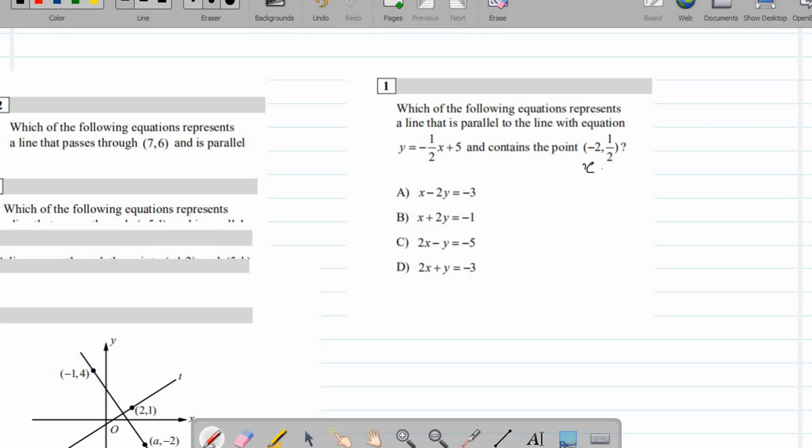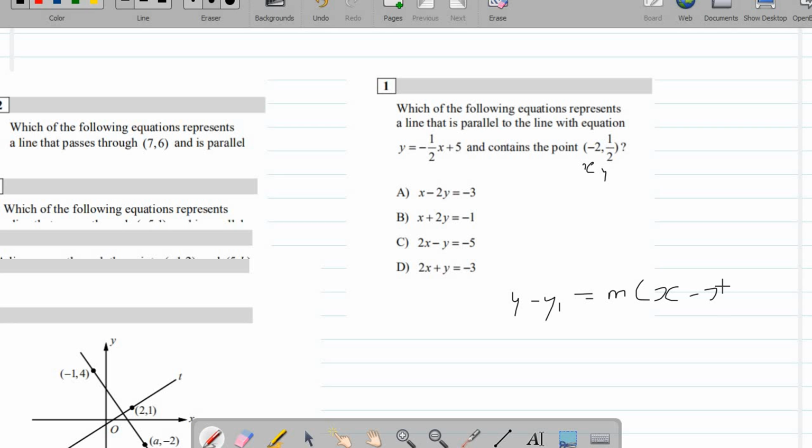You can easily use your point slope form, but the best thing to use here is your point slope form. So remember, the point slope form is y minus y1 equal to m into x minus x1.